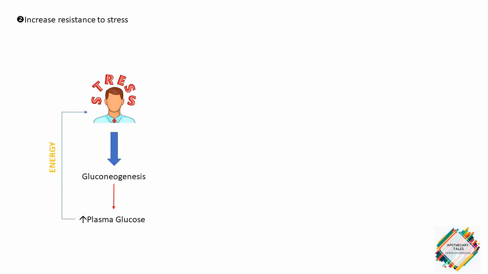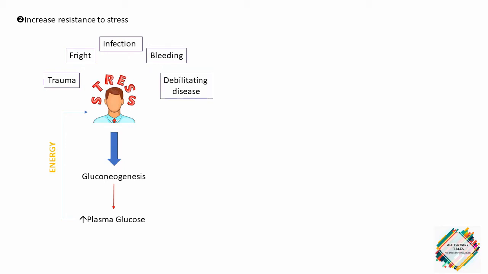We have already mentioned the glucocorticoids increase the plasma glucose level. This provides the body with energy to combat the stress caused by trauma, fright, infection, bleeding or debilitating disease. The third mechanism is that it is involved in altering the blood cell levels in plasma.